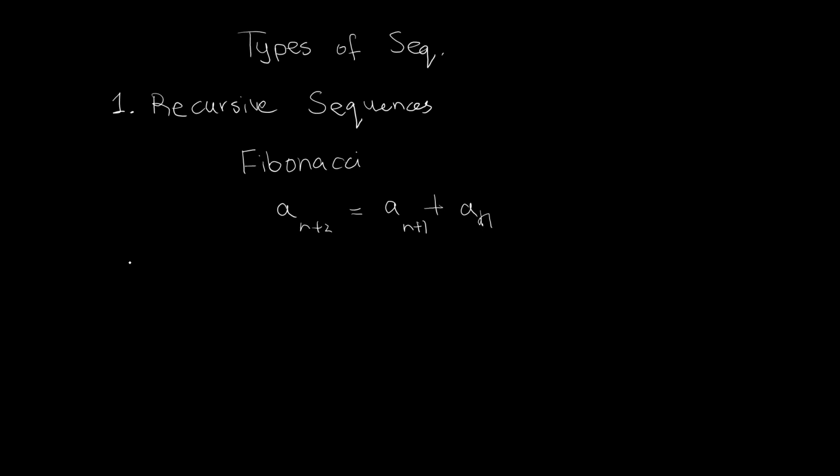The second type of sequences are alternating sequences. In these sequences, the signs or patterns alternate between even and odd.